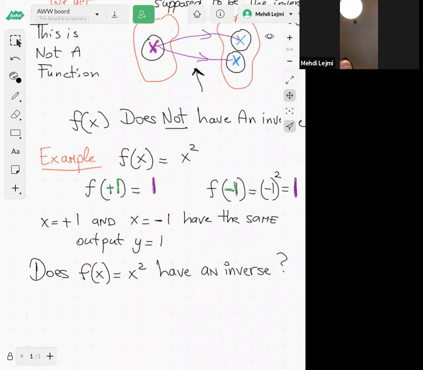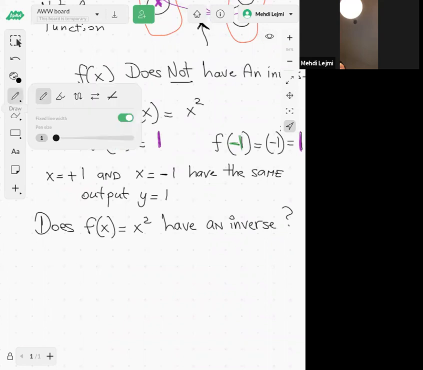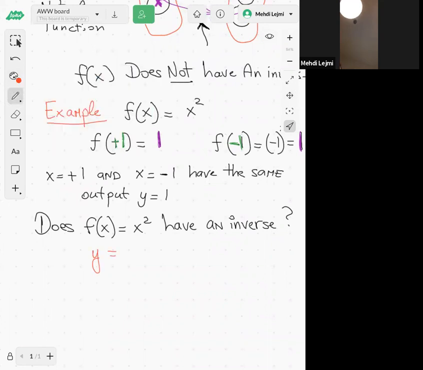So let's see if x squared has an inverse. Let's just try to find the inverse of x squared. So y is equal to x squared. We interchange x and y. So this is x equal to y squared.